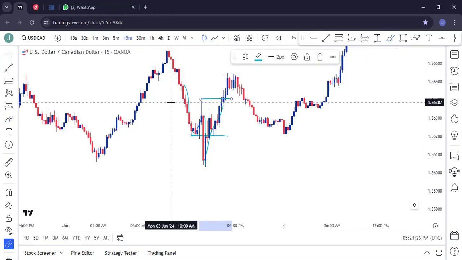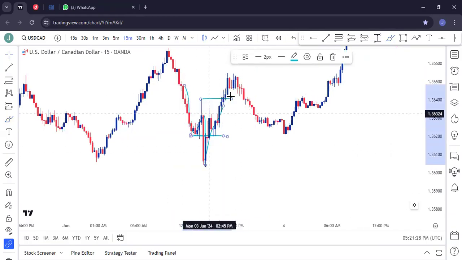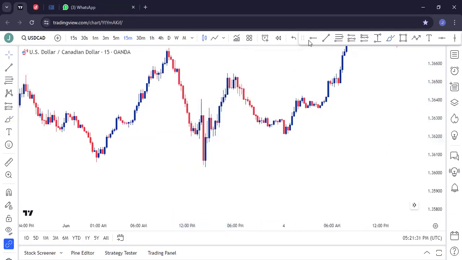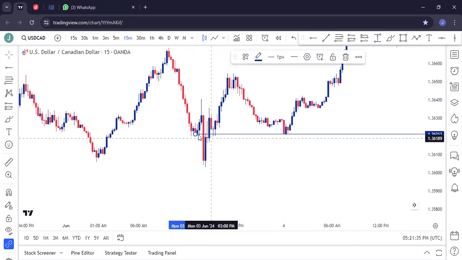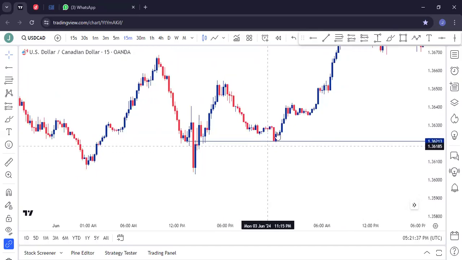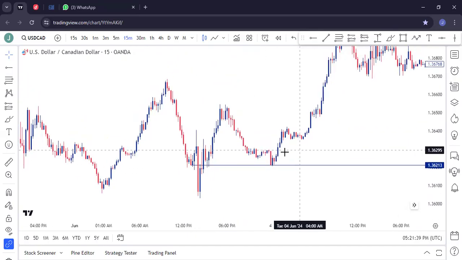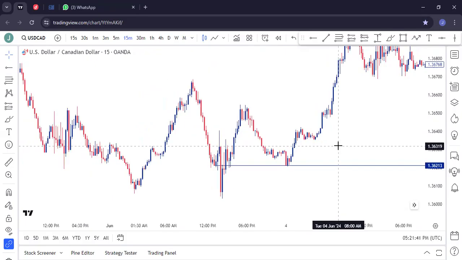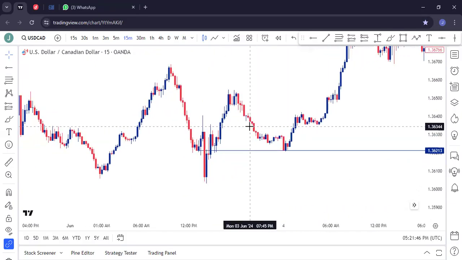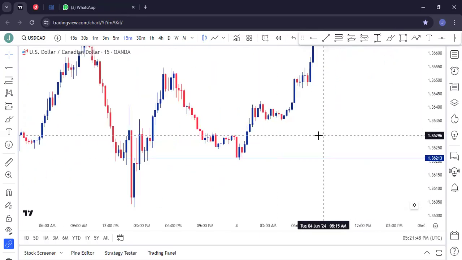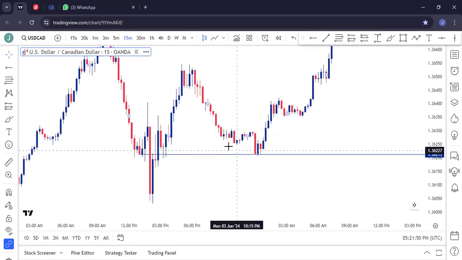After that, the market came to this liquidity point, liquidity engineering, and then tap, then the market buys. So this is a simple liquidity engineering.